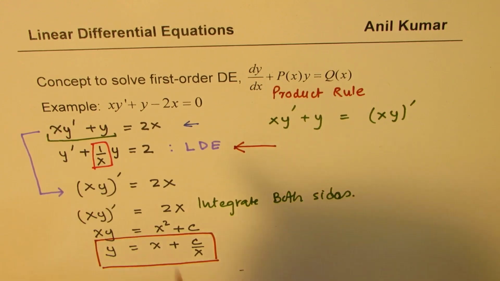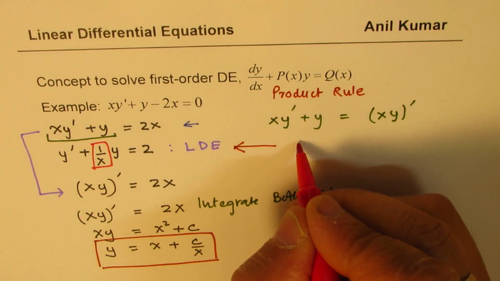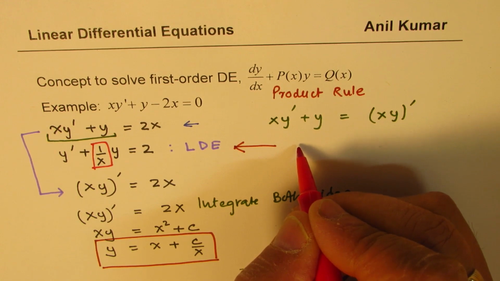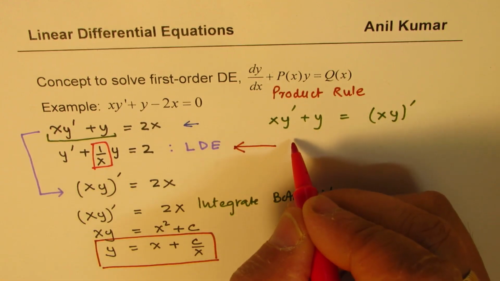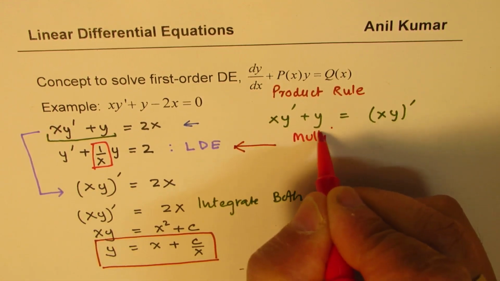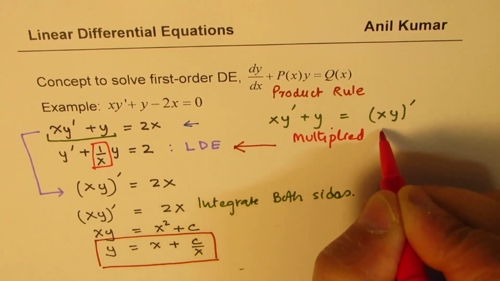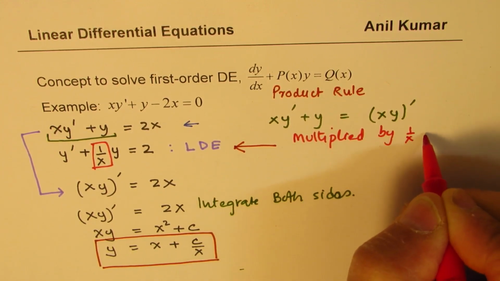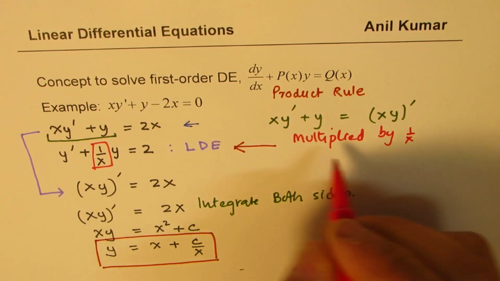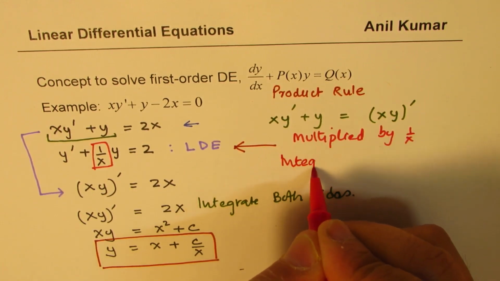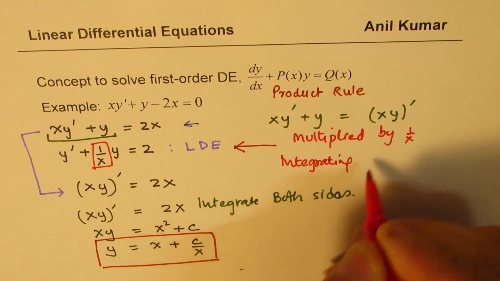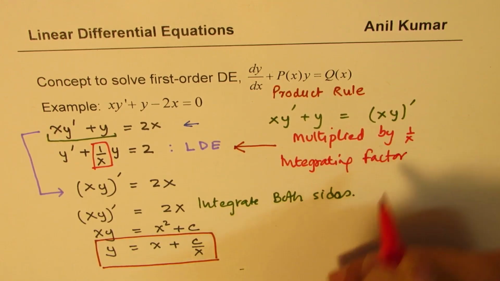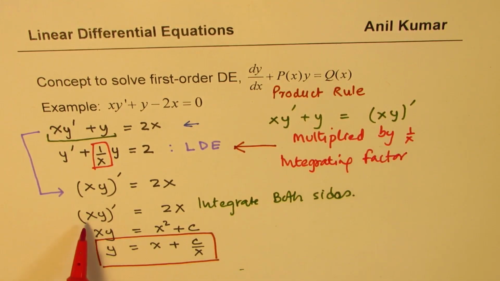This multiplication factor is called the integrating factor. We multiplied by 1 over x in this case, right? So this factor is the integrating factor, which helped us write the equation in a form that could be integrated. In this particular case, it was 1 over x.